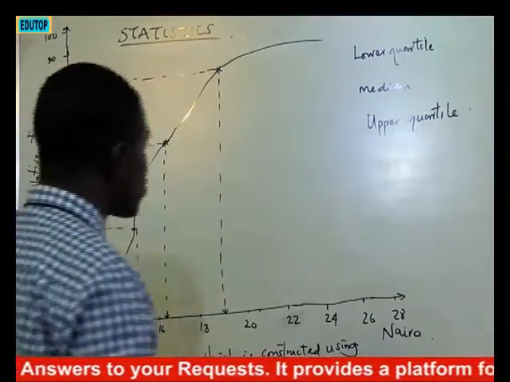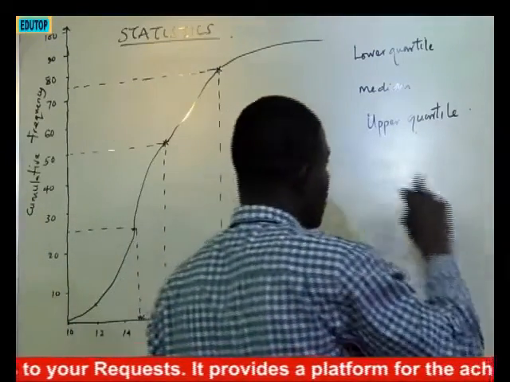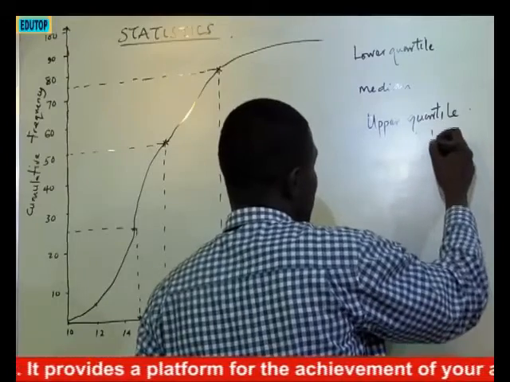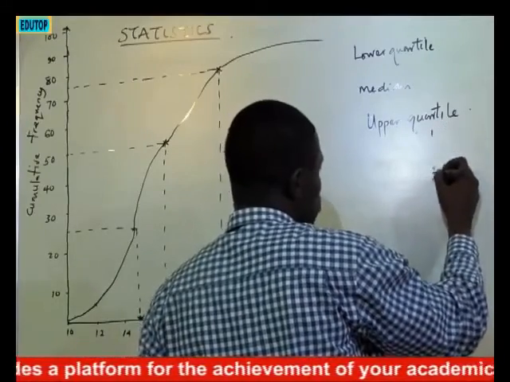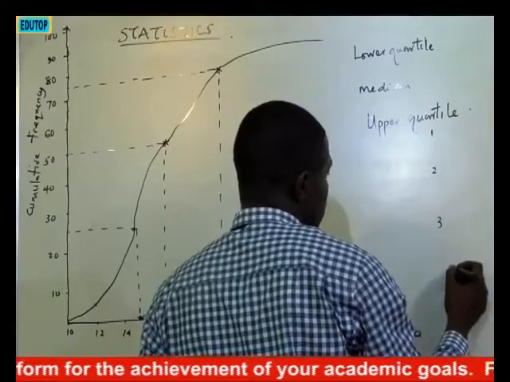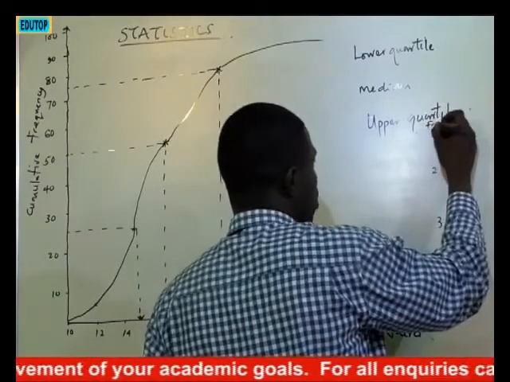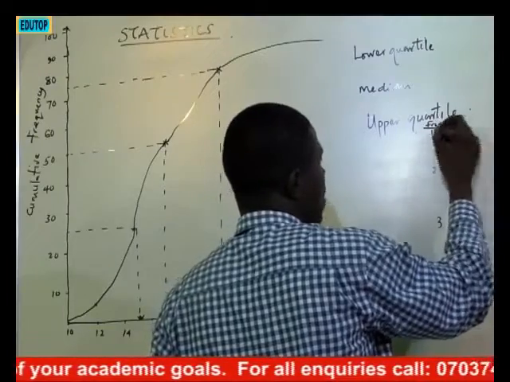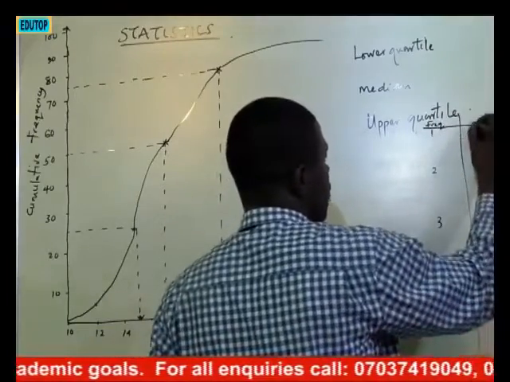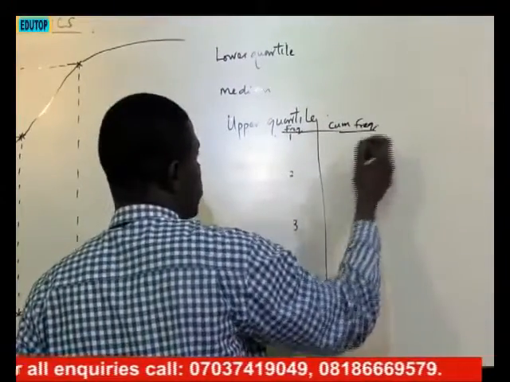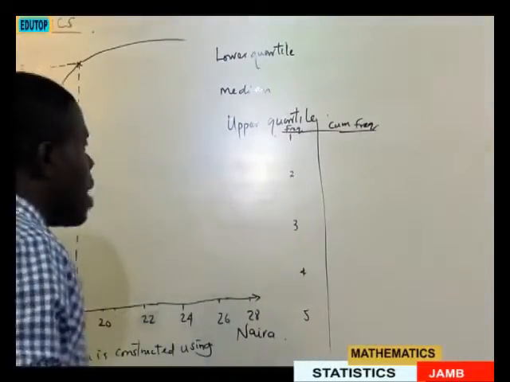Now, to determine cumulative frequency for a set of numbers, let's say 1, 2, 3, 4, 5, 7, and let's say we have our frequency to be all this. I want to determine our cumulative frequency. I think I explained that earlier, but I just want to refresh your memory.